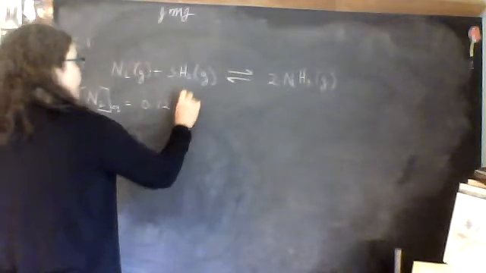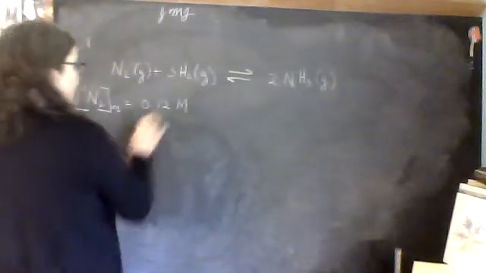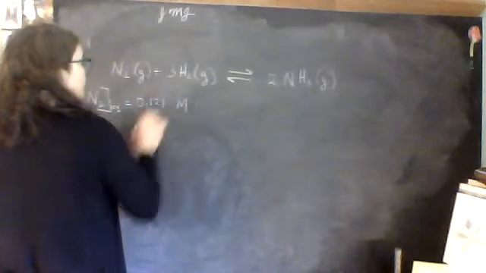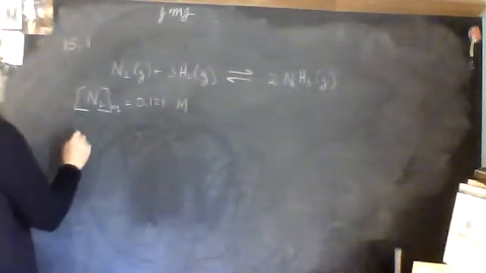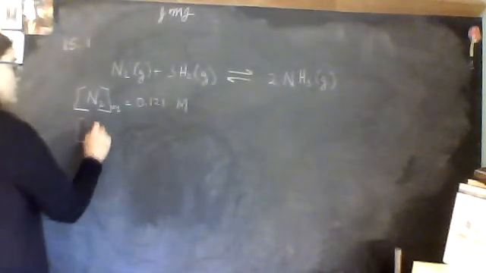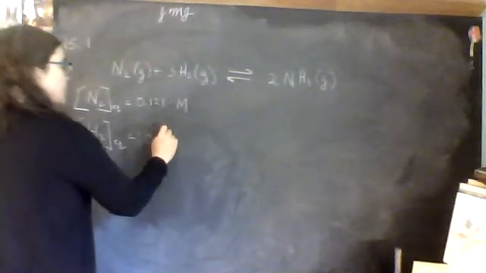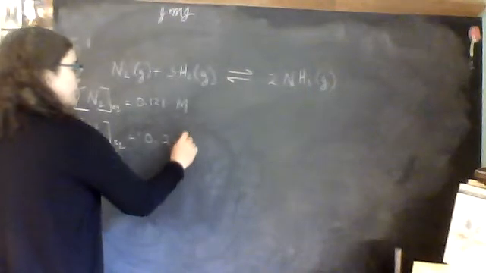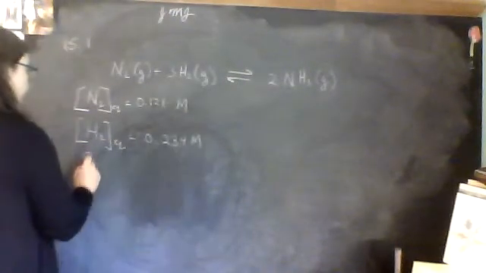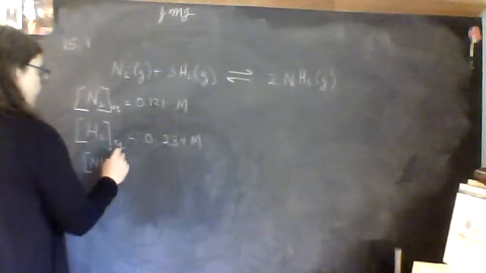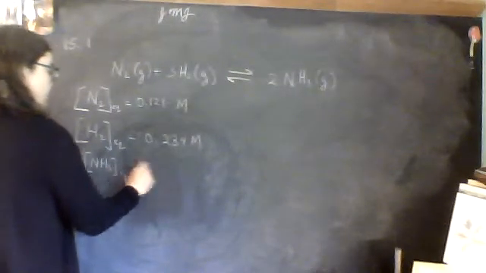The equilibrium concentration of H2 is 0.234 molarity. And the equilibrium concentration of NH3 is 1.14 molarity.